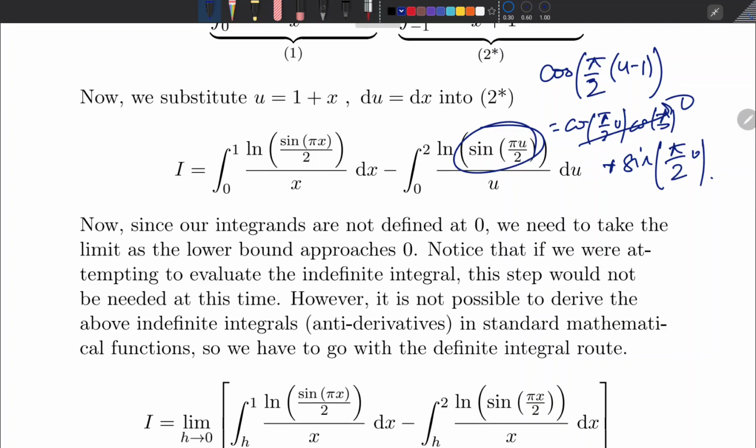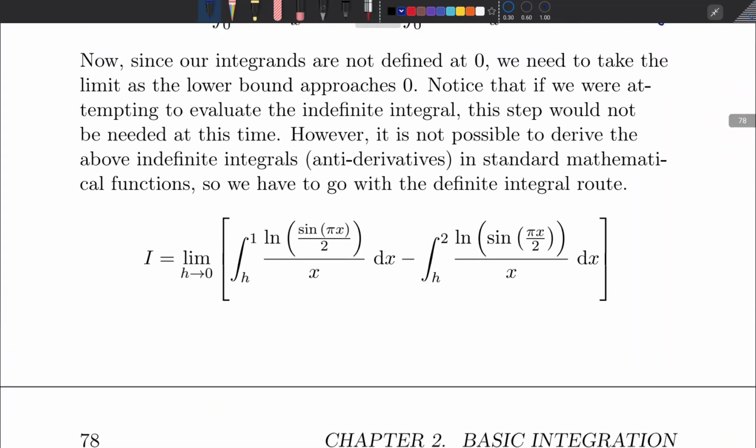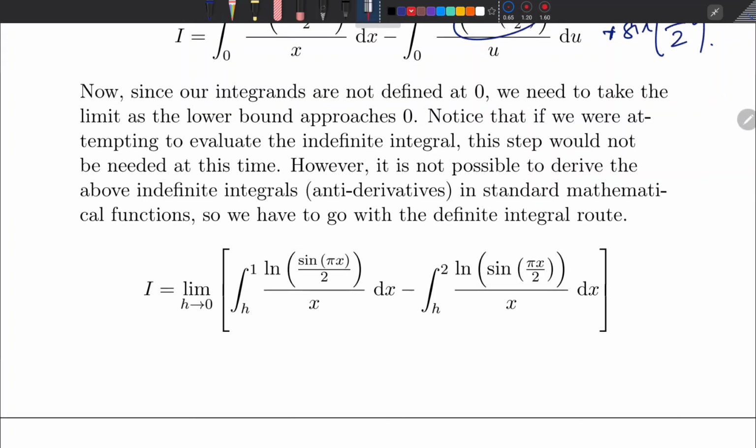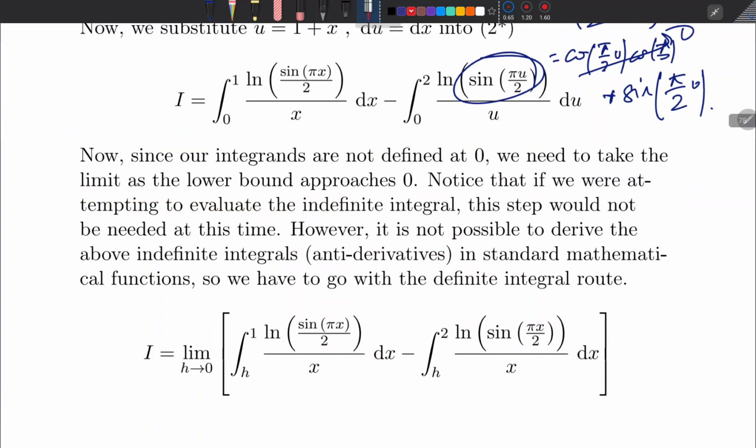Next we have done something there, and we have reached up to here. Let me just read this out once because we have a lot of information over there. Now since our integrands are not defined at 0, we need to take the limit as the lower bound approaches 0, obviously, because when you plug in 0, sine of pi times 0 is going to be 0, and the natural logarithm of 0 is undefined.